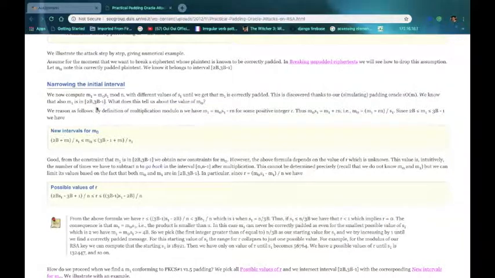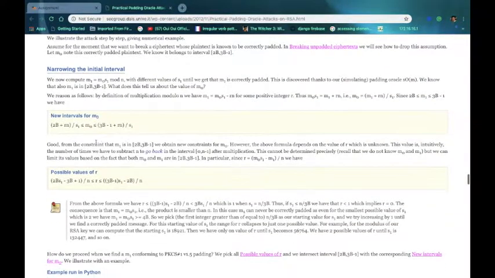Using this information, we go ahead and try to find an interval for m0. We can write m1 as m0 times s1 minus rn for some positive integer r. From this we get the interval 2B plus rn by s1 to 3B minus 1 plus rn by s1.